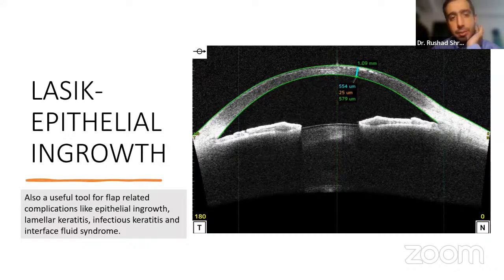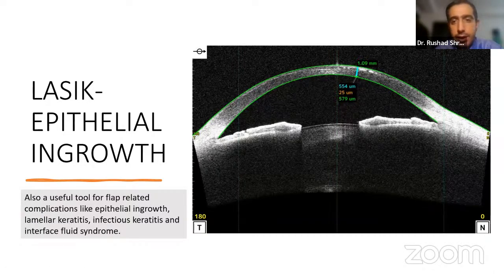Another place where it's very useful in LASIK is what is called epithelial ingrowth, especially if you have retreatments where you lift the flap again, and the epithelium grows into the interface between the flap and the stroma. You can again see these hyper-reflective lesions here, which are suggestive of an epithelial ingrowth.